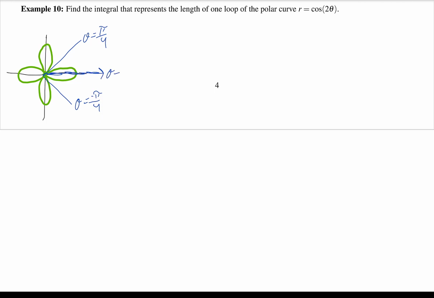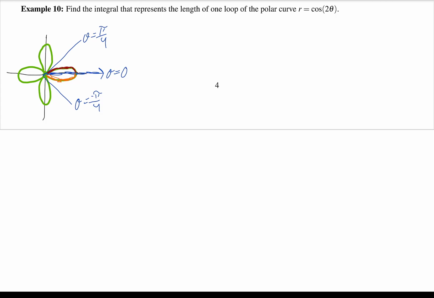Right. The reason for that is that if I just take this part, find the length of it, that would be the same thing as if I just found the length of this part right here. So I'll just find the maroon part and then multiply it by 2.